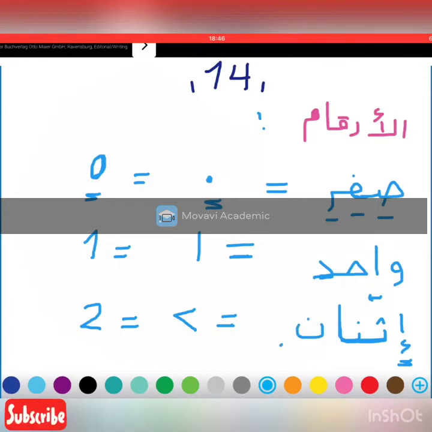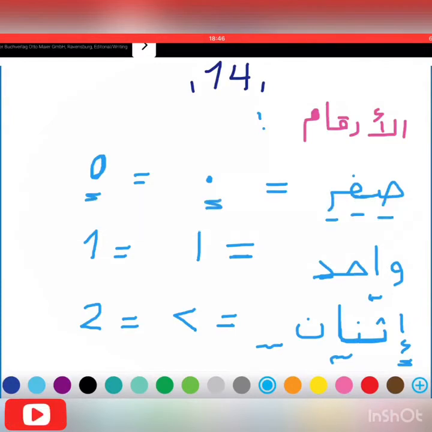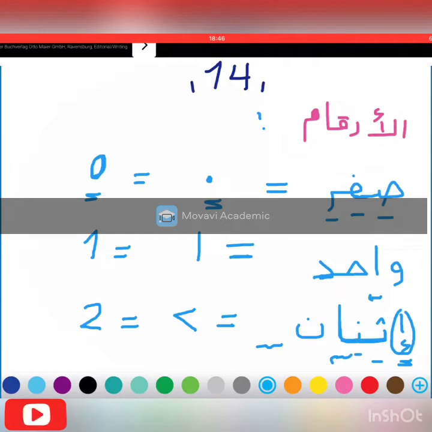Why alone? Because there is nothing else, and alif cannot be connected from here. What's the meaning of this? Alif, tha in the beginning, and then noon, ithnan. Okay, ithnan.